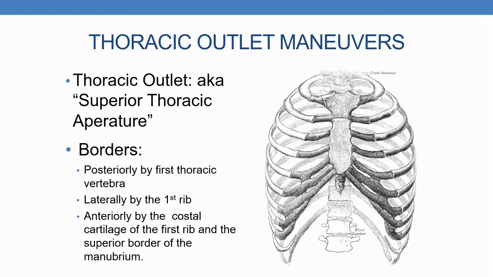The superior thoracic aperture is bordered posteriorly by the first thoracic vertebra. It's bordered laterally by the first rib, and it's bordered anteriorly by the costal cartilage of the first rib and the superior border of the manubrium. You can probably picture that in your mind.